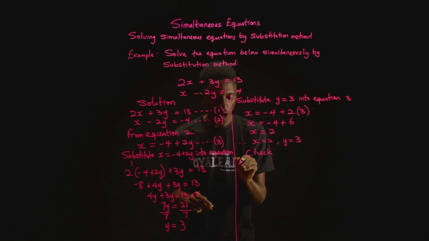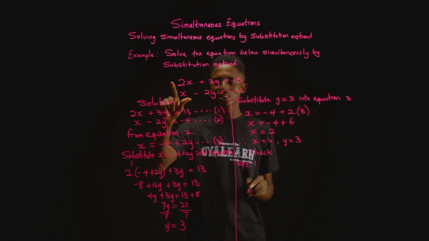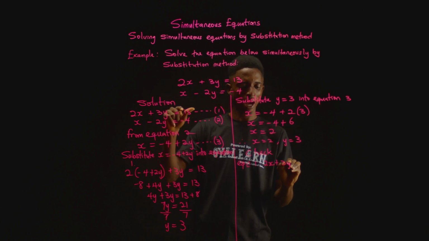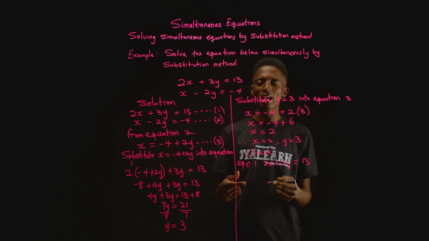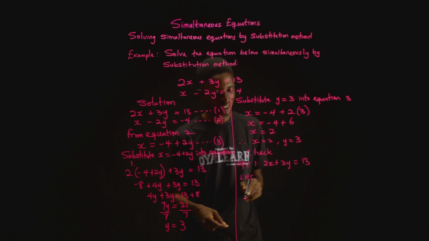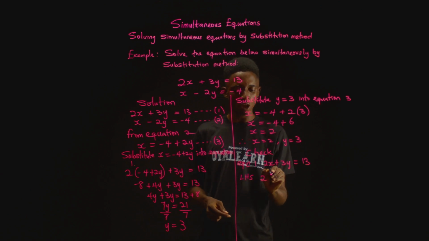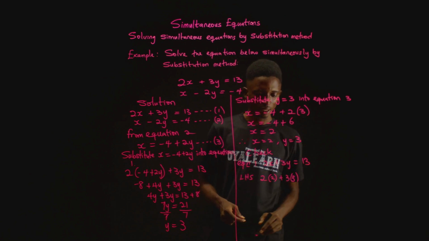So check from our equation 1. Equation 1 states that 2x plus 3y equals 13. So let's check it. So we substitute the value of x and y into the left-hand side of the equation. So on the left-hand side, we would have 2 into x, and the value of x is 2, plus 3 into y, which is 3.